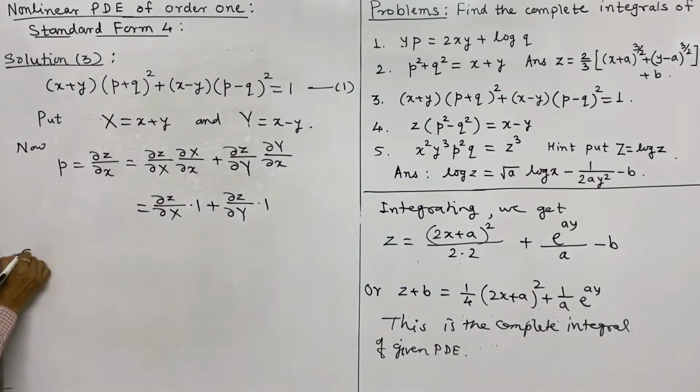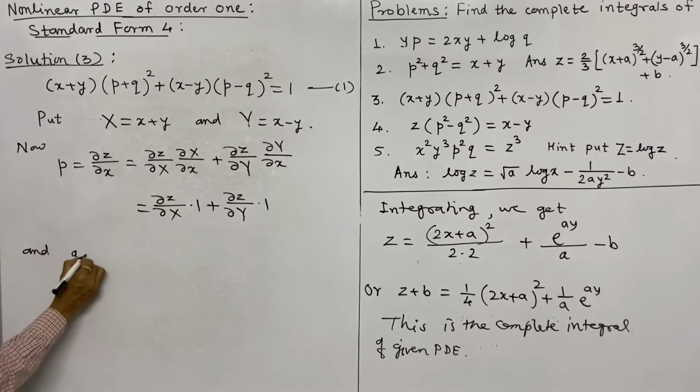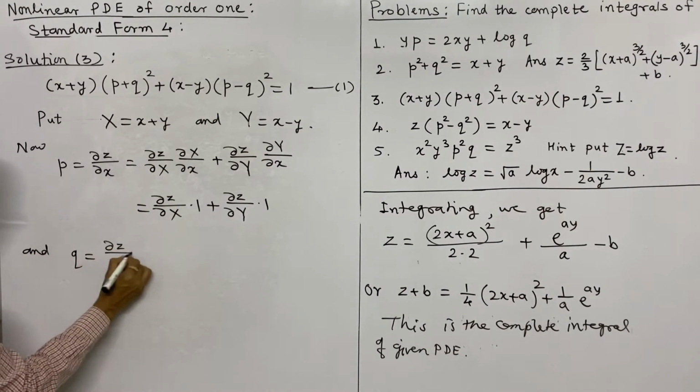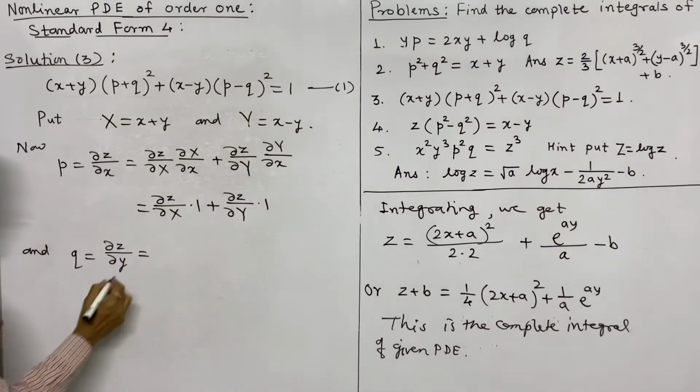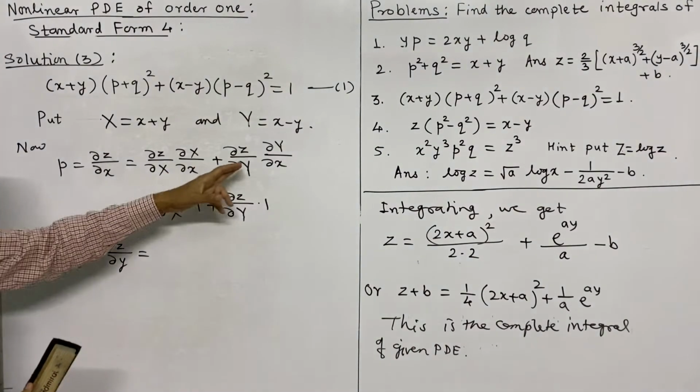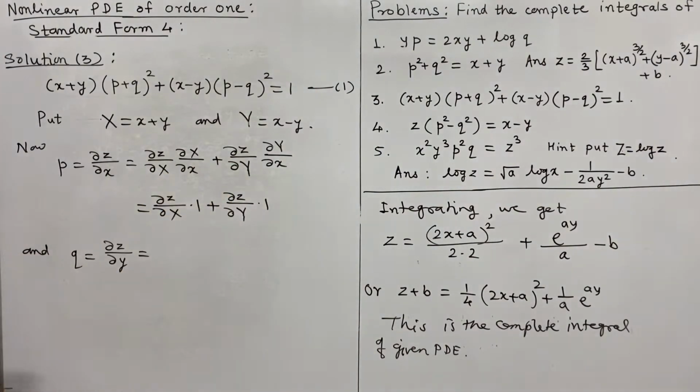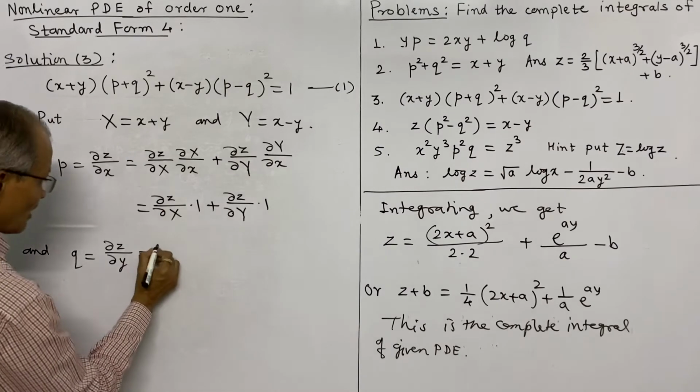And q is dou z by dou y. And that is again to be expressed using the chain rule for composite function.